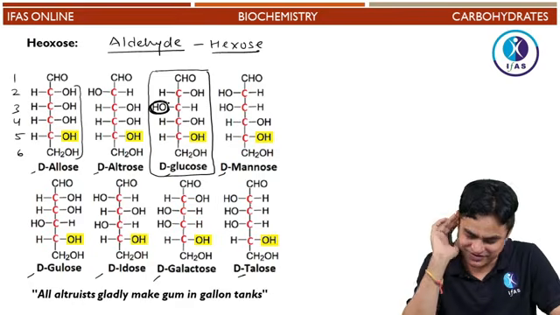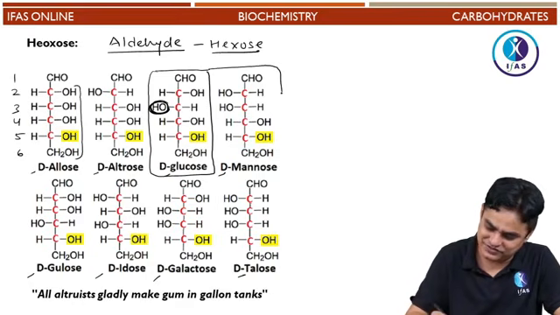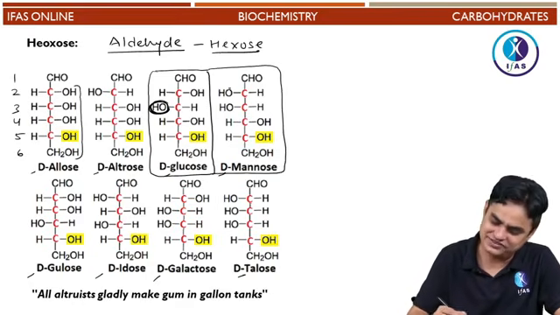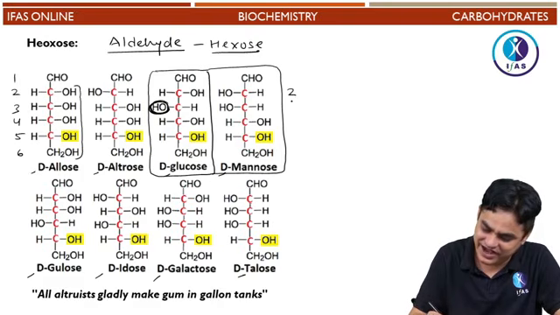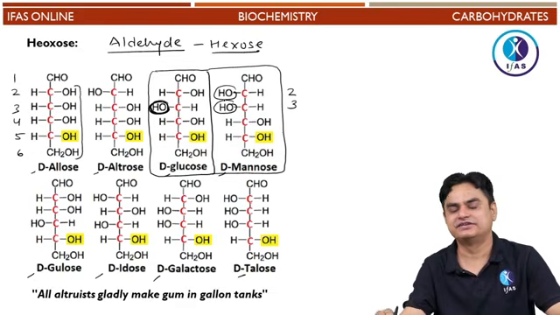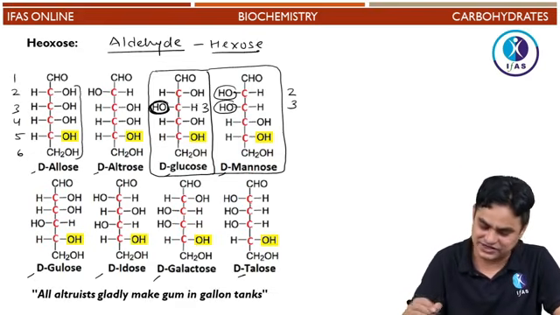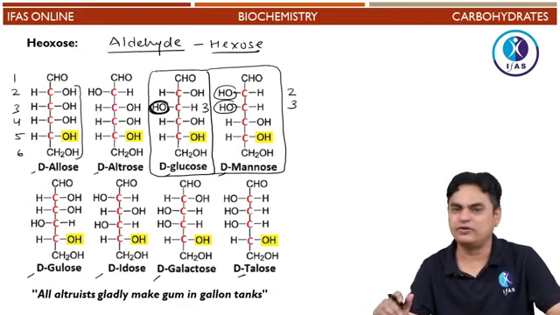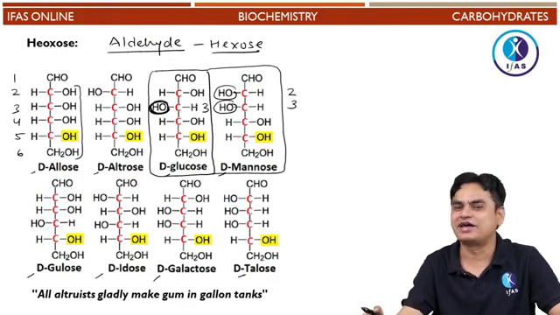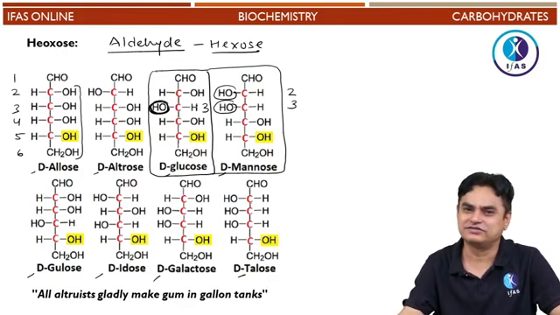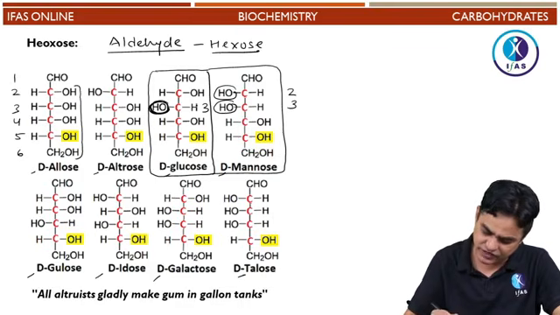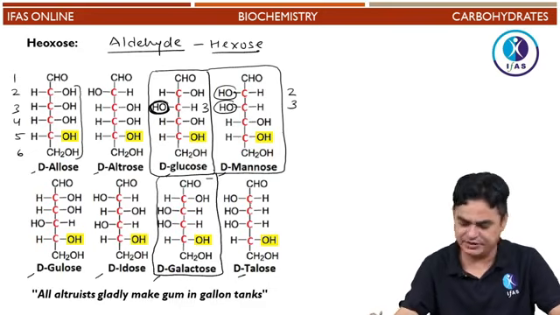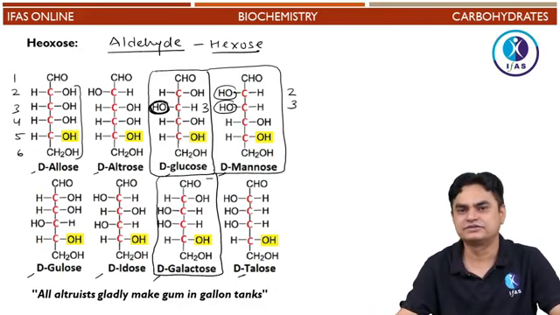In the case of mannose, the second and third carbons are both on the left side, while in glucose only the third carbon was on the left side. One more structure to keep in mind is galactose, because these are three biologically important sugars.